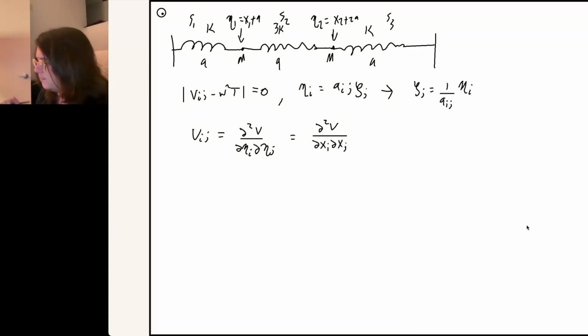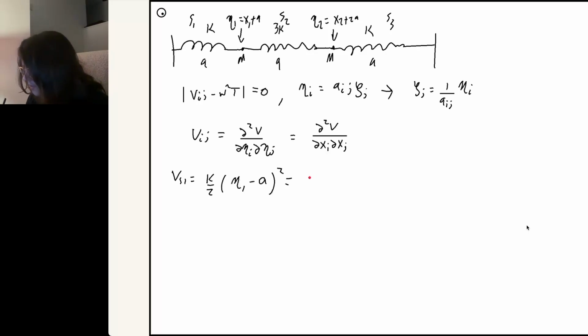So, three spring potentials. For the first one, it's just k over 2 times eta 1 minus the equilibrium position, squared. So that's the Hooke's law potential, where I'm going to plug in my definition for eta 1, x1 plus a, minus a, squared. So it's k over 2 x1 squared.